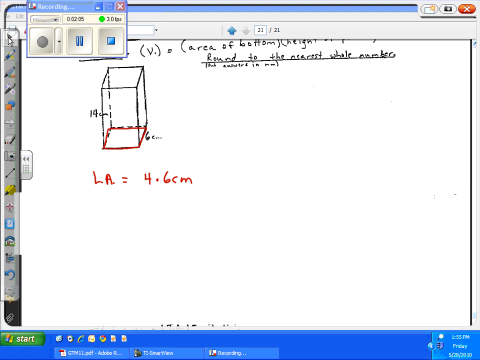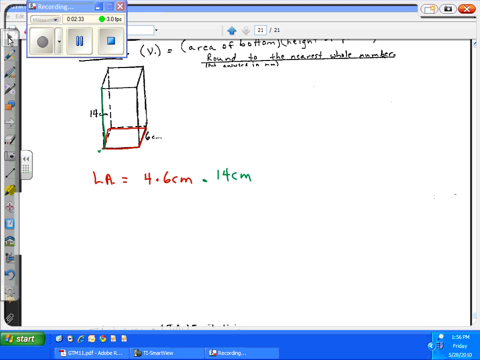If we take the perimeter of the bottom times the height, the perimeter of the bottom is the base of the folded out rectangle, and the height of the prism is the height of the folded out rectangle.